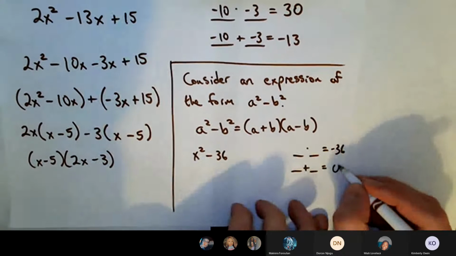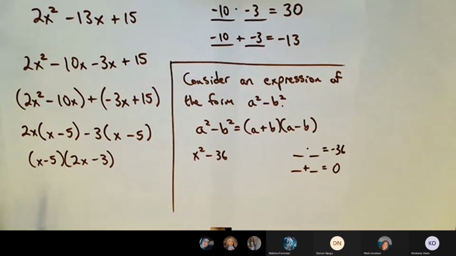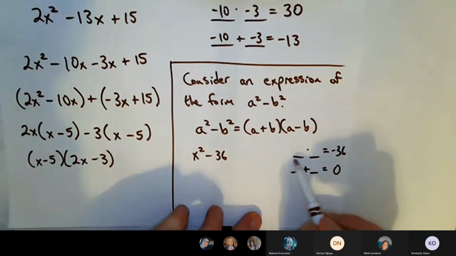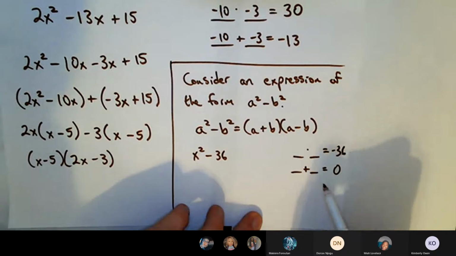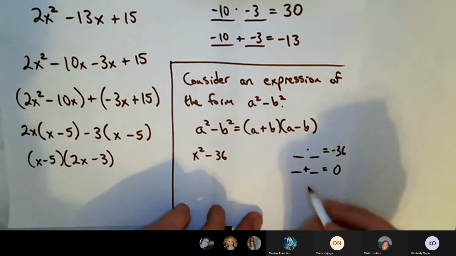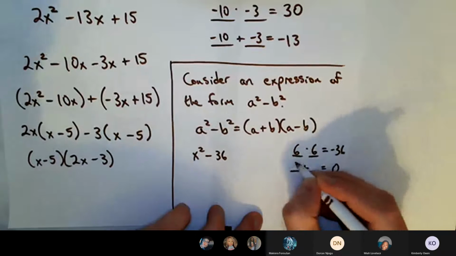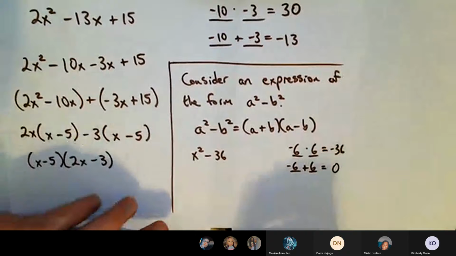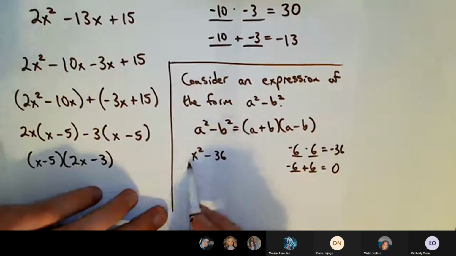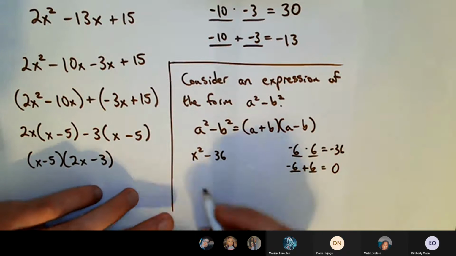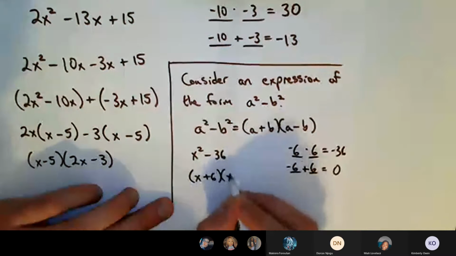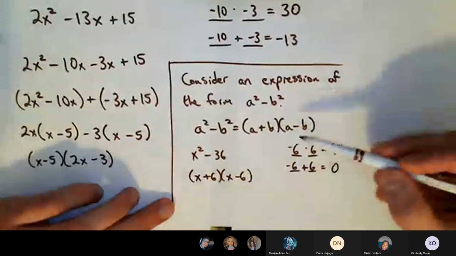Well, technically it's a 0. So if I am looking for two numbers that add to 0 and also multiply to give -36, they're definitely both going to be a 6, and one of them is going to be negative. And since this has a leading coefficient of 1, I can jump straight to the factored form, which is x plus 6 times x minus 6, which is exactly what the formula gets to.